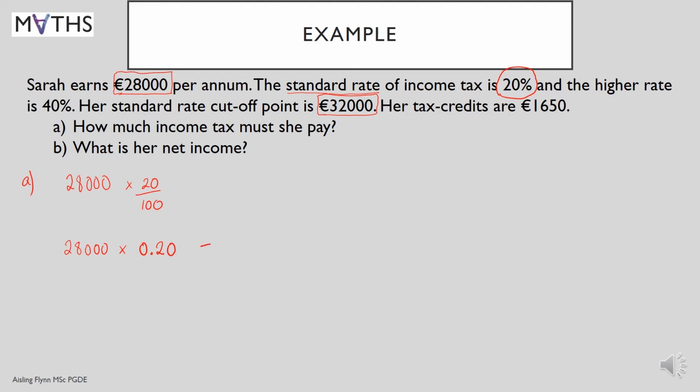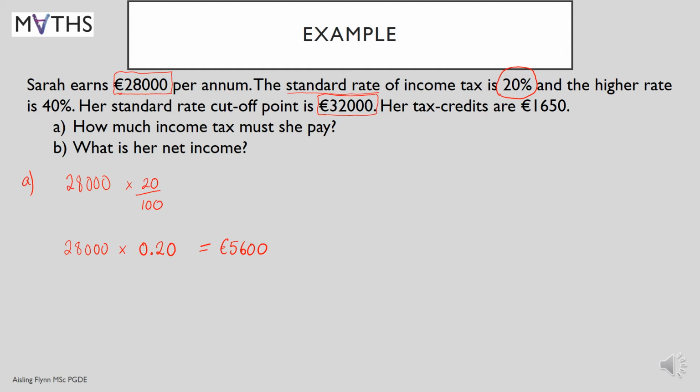Okay, they will both give you back the same answer. Calculating here, €28,000 multiplied by 0.20, and I get 5,600. Okay, now so that's the initial tax bill.